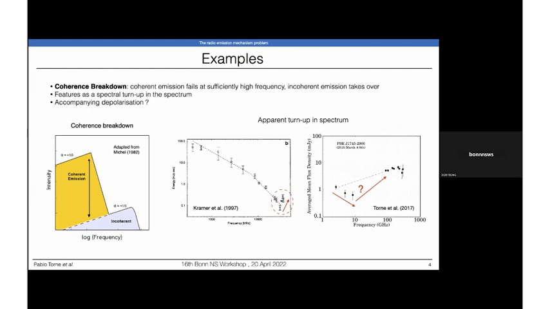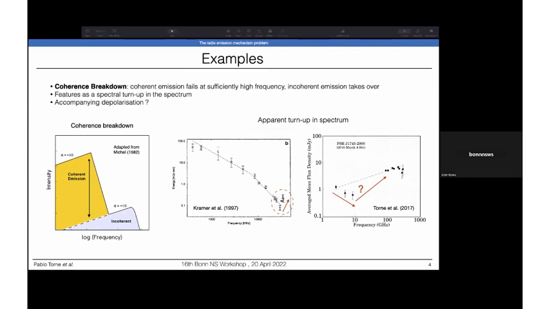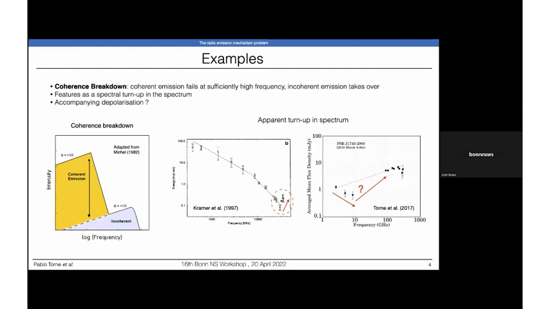And in fact, already in Michael Kramer's thesis in the 90s, when they started doing the first observations at 20, 30, 40 gigahertz of pulsars with Effelsberg, they started seeing in some cases some data points that seem to deviate from this extrapolation of the power law, which could indicate something like this.